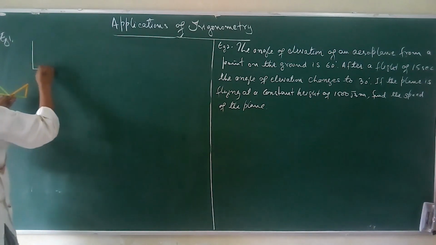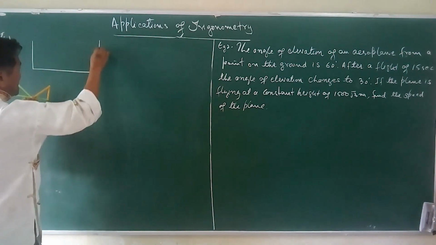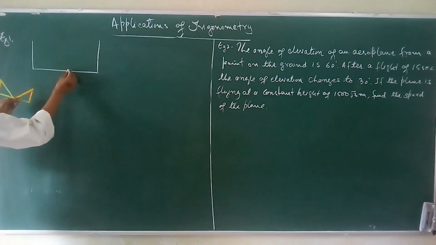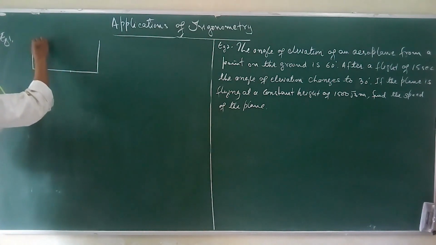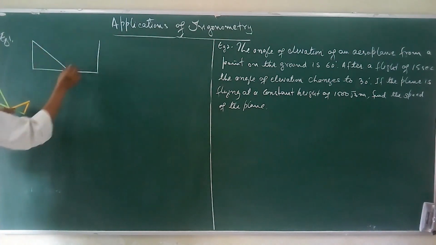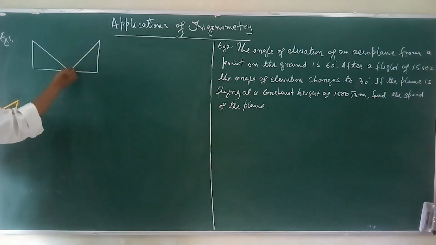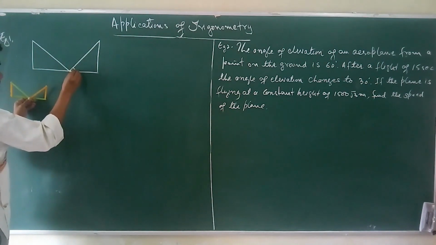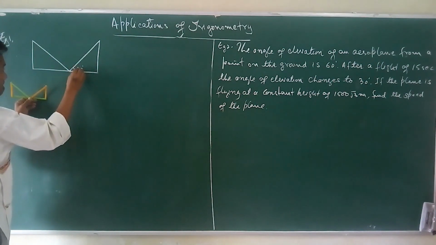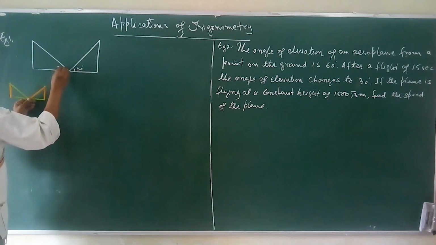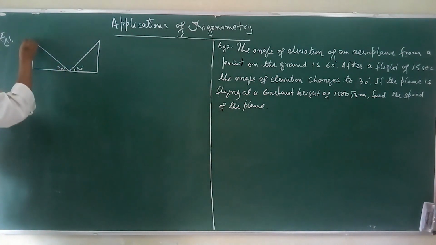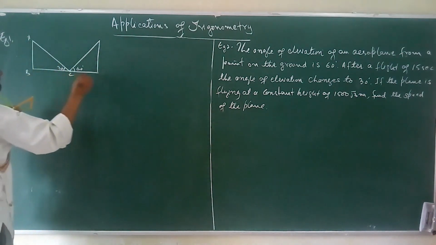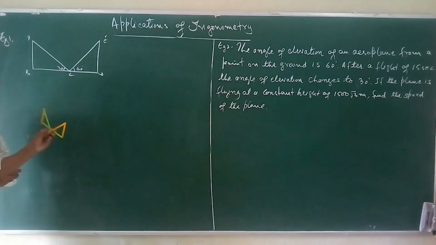And two of these angles are given: 60 degrees and 30 degrees.